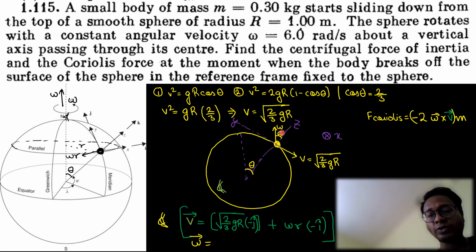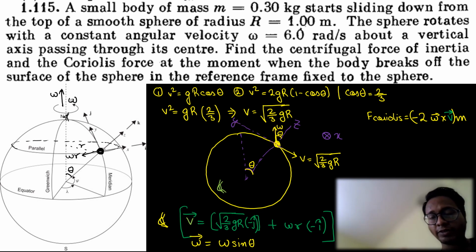Omega vector is nothing but omega cos theta in z direction and omega sin theta in y direction, in positive y direction. Omega sin theta in positive y direction.